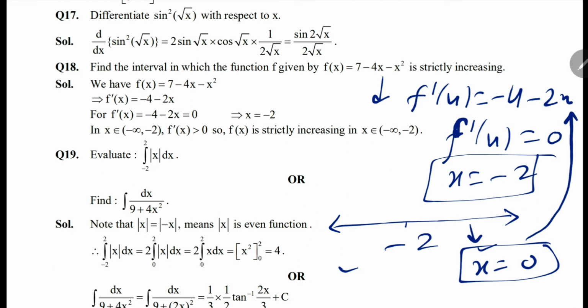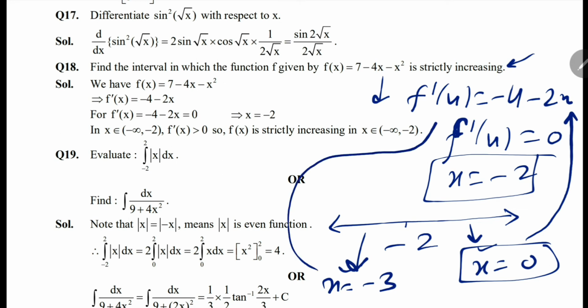It does not do the job for us. So I will take a number from this interval, suppose x equal to minus 3. When I replace this in the first derivative, it gives me minus 4 plus 6, that is 2, means it is positive in this interval. The derivative is positive in this interval, therefore the interval must be from minus infinity to minus 2 for this function to be strictly increasing.